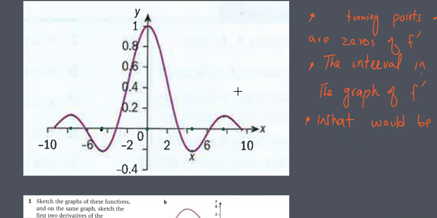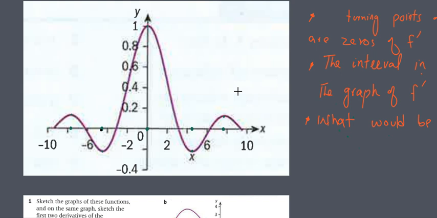So that's what we are looking for: what kind of a function will be its derivative. Obviously, it would be a function, but what kind of a function? So now we are done with two steps. We are struggling with the third step, and our question is at what points would be the turning points of the first derivative? Is it clear?